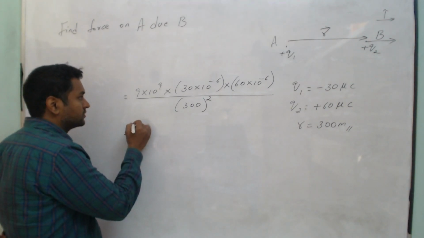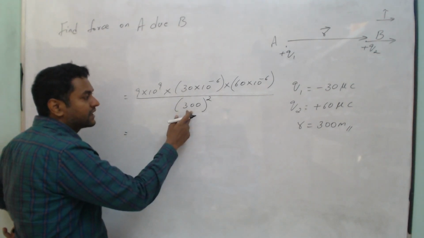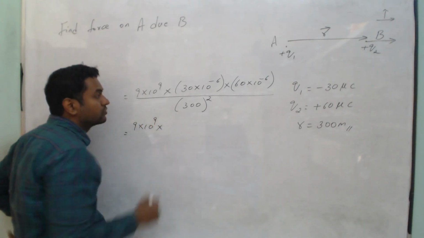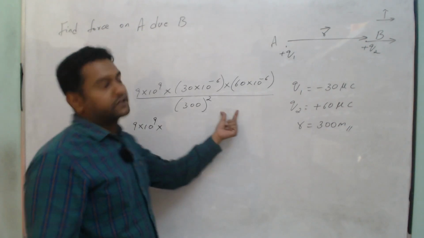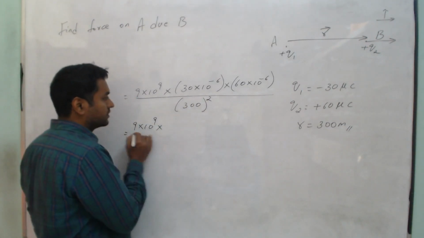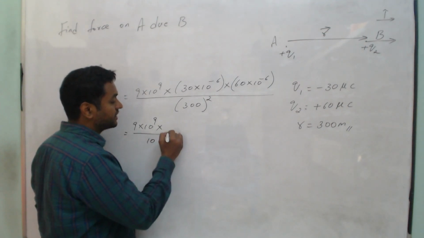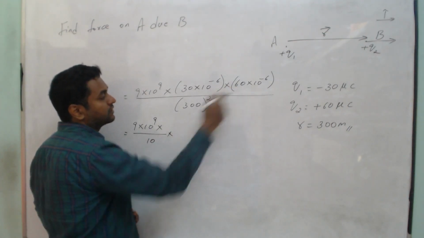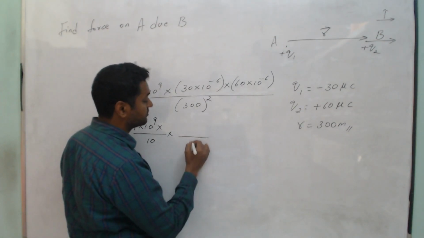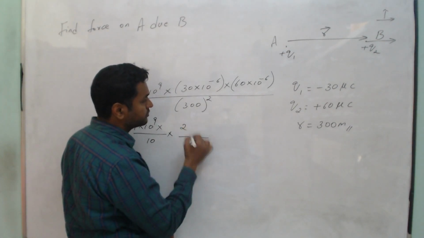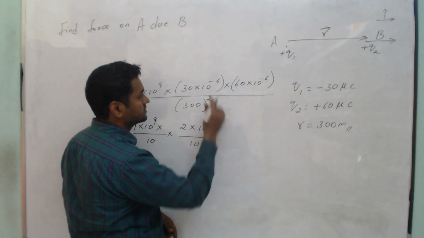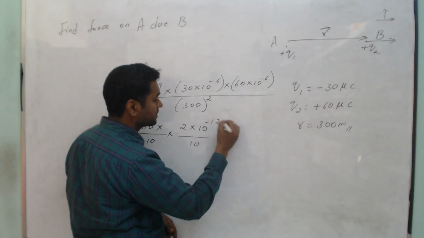So let me write it again: 9 into 10 power 9 into, this is 300 into 300.